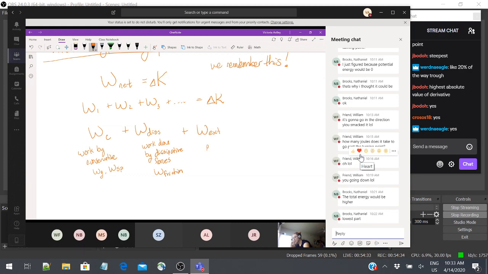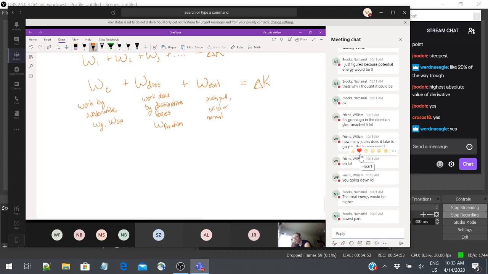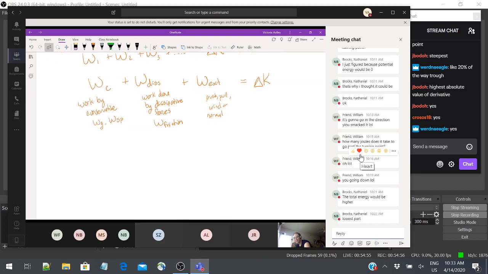So this is things like a push or pull, or like wind, or like a normal force would be, for things like a person in an elevator, right? Every force will fall into one of these categories. Okay. Hopefully that's making sense.